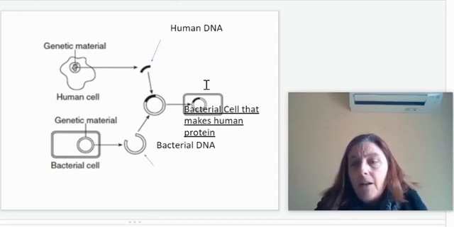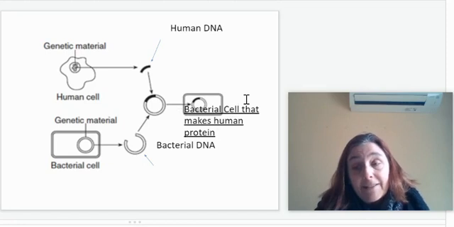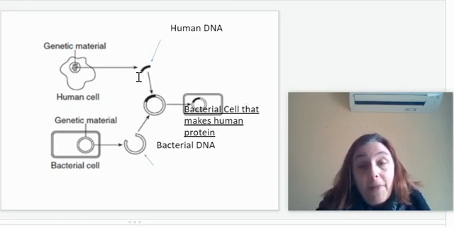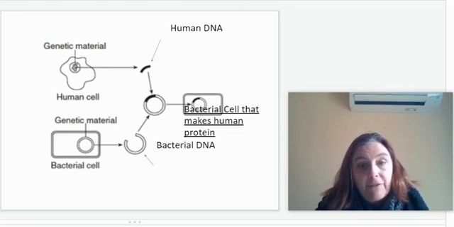In the old days, we would use insulin from cows or pigs and take that from their blood for diabetics. It would work, but it's not exactly the same as human insulin, and so it didn't do as good a job. This is exactly the right insulin because it is made from the human insulin gene and therefore has the exact right order of amino acids and is human insulin and will be highly, highly effective for the diabetic.